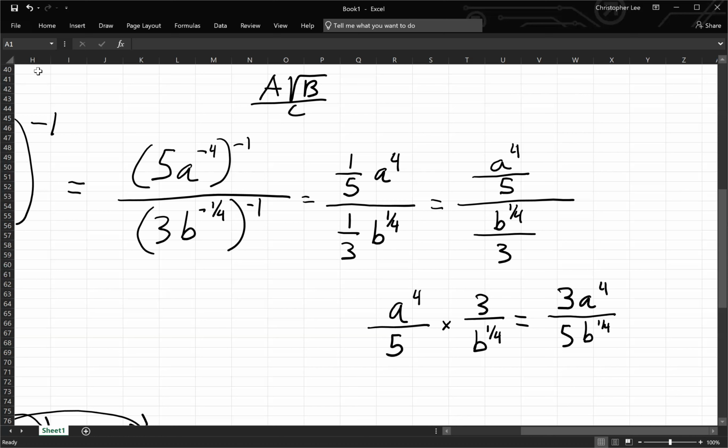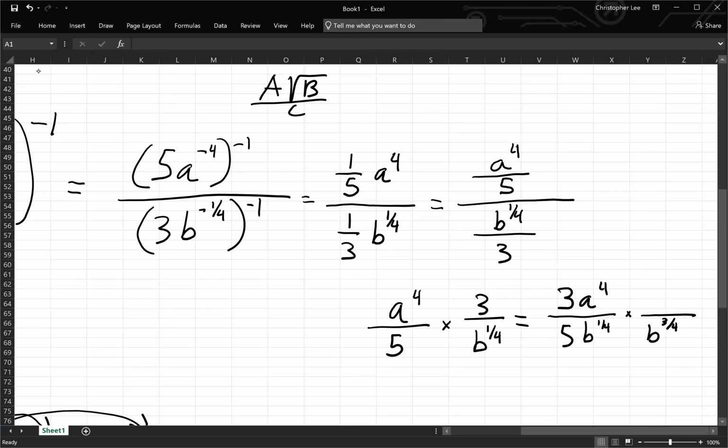So to get rid of the b to the 1 over 4, I'm going to multiply that by, wait, hold on. Multiply that by b to the 3 over 4. Wait, let me think. Hold on one second. Maybe. Hold on.